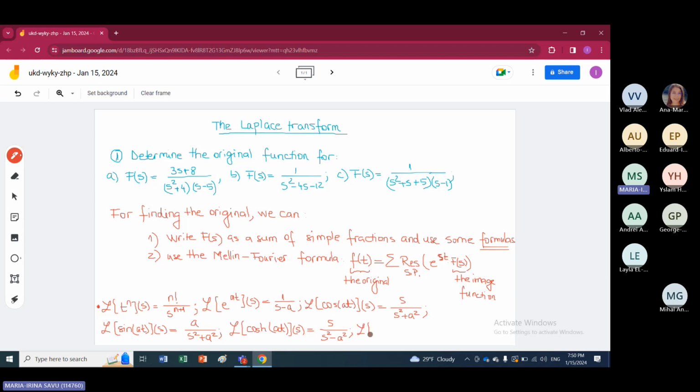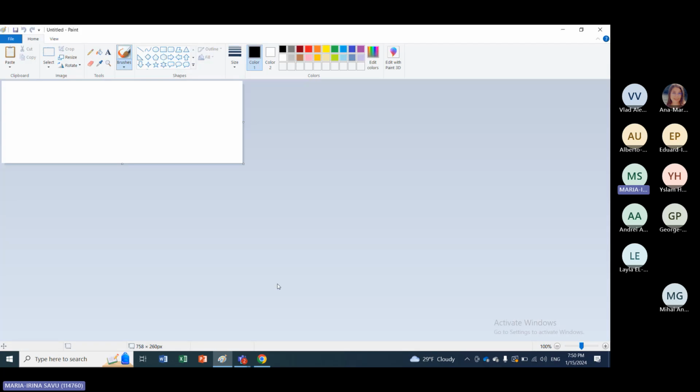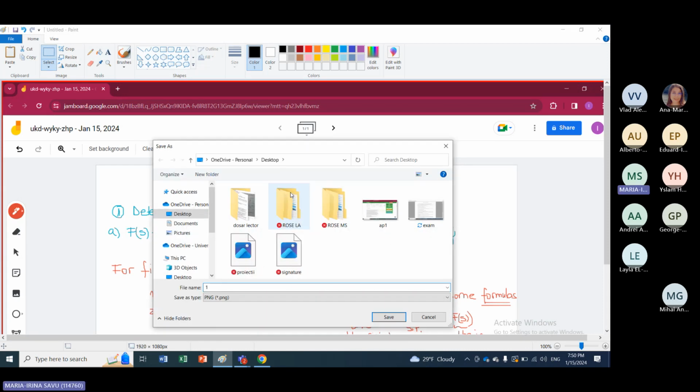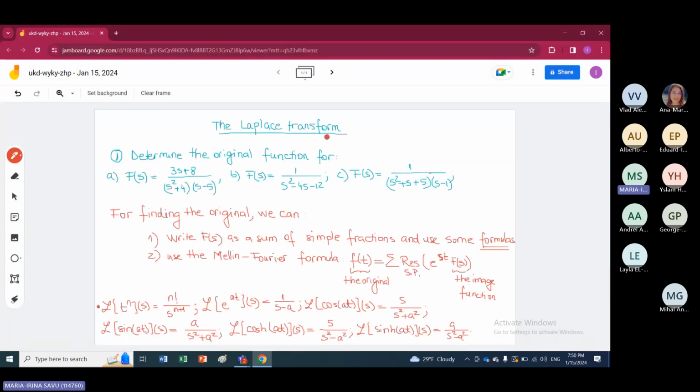And Laplace of hyperbolic sine of at computed in s is a over s squared minus a squared. Okay, so these are the formulas, these are the methods that you can use. I must make some screens. It's for the project, so I must take a print screen.